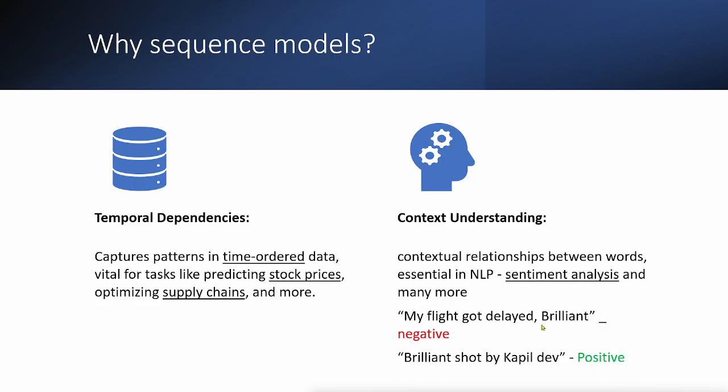For example, if you look at this sentence, "my flight got delayed," the overall emotion coming out of the sentence is negative, but this is only possible if we read from left to right and generate or understand the context from this sentence.